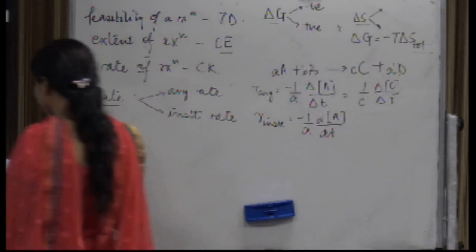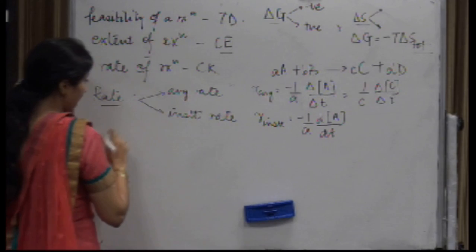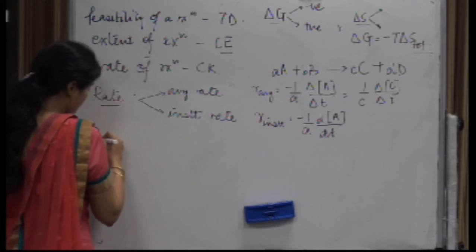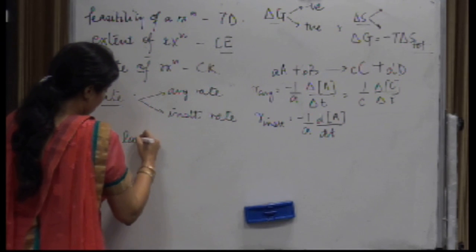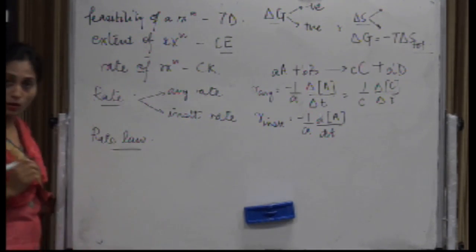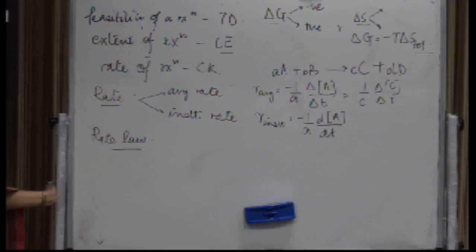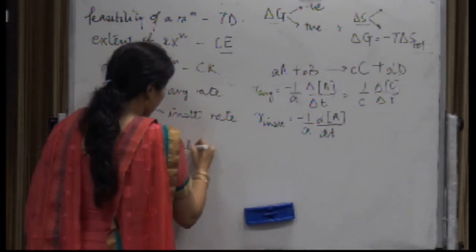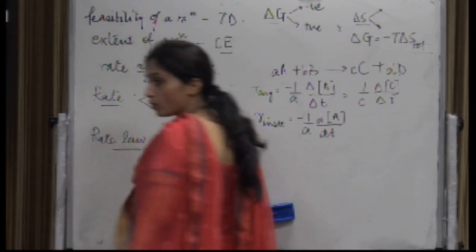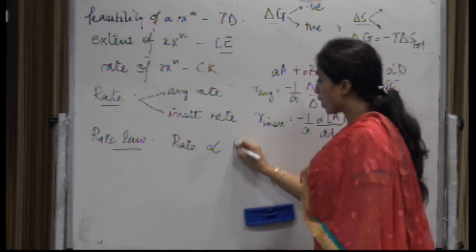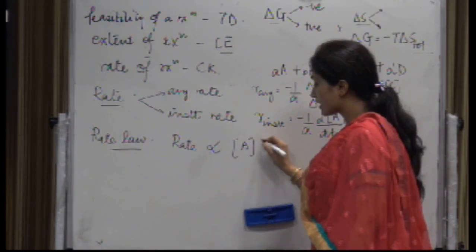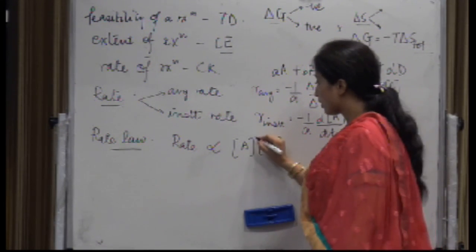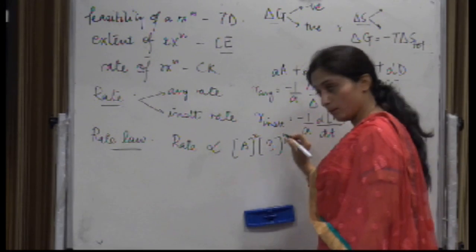The next thing that I wanted to talk about, related to this, is that there is one law which is known as the rate law, that was given by Guldberg and Waage. Now here rate law talks about the rate to be directly proportional to the product of the effective concentration of the reactants, each raised to the power of some term.